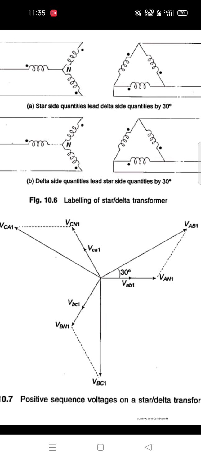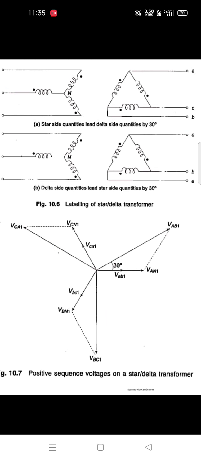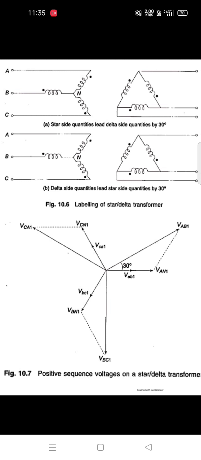Here VAB1, VBC1 and VCA1 are the voltages of delta, and VAN1, VCN1 and VBN1 are the voltages of star. So here we can see that VAB1 leads VAN1 by 30 degrees, meaning delta leads star by 30 degrees.